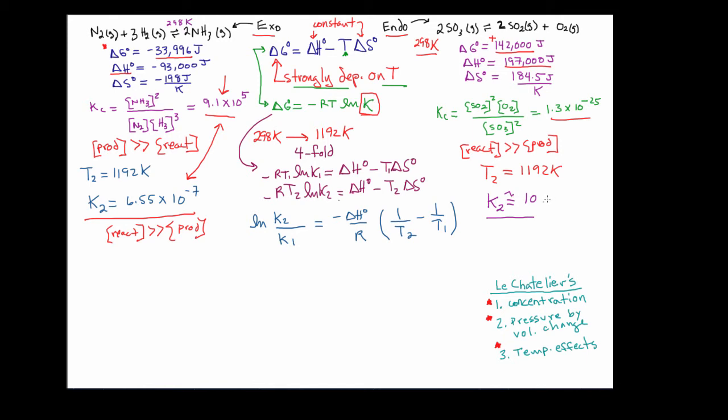All right, which means that at equilibrium at 1192 now, the amount of products is going to substantially outpace the amount of the reactants.